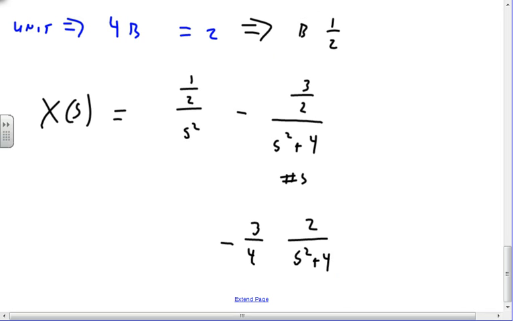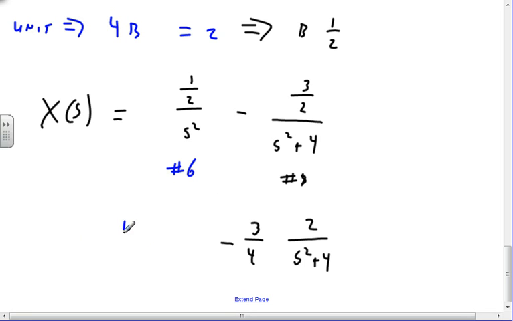And then this s squared guy looks like number 6. But in order for it to be number 6, I need to have a 2 on top.